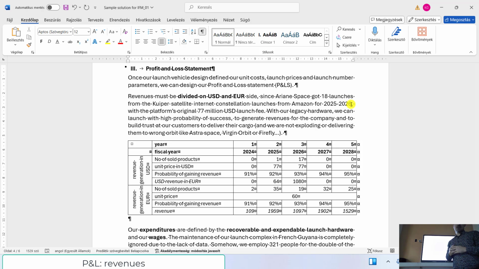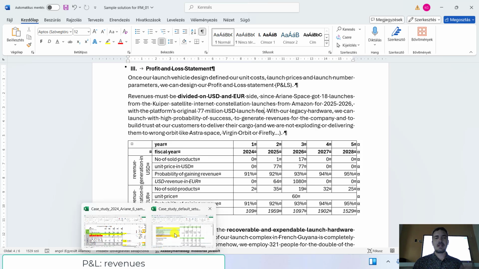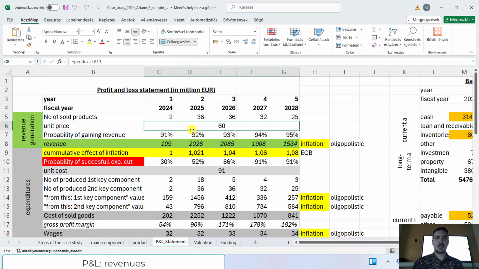So first of all, we have to modify the balance sheet with this data, not the balance sheet, sorry, the profit and loss statement. So my sample, sold goods, probability of gaining revenue.